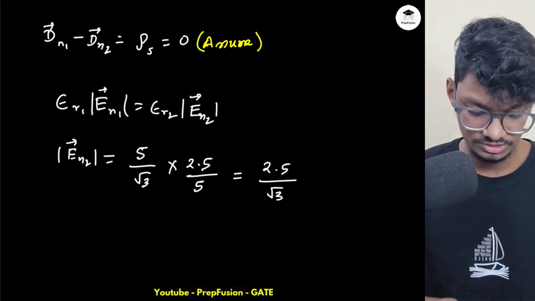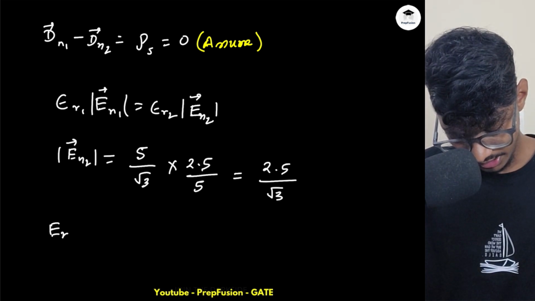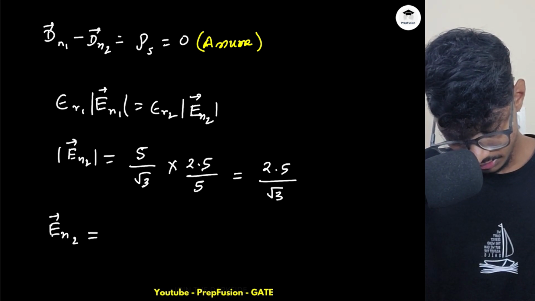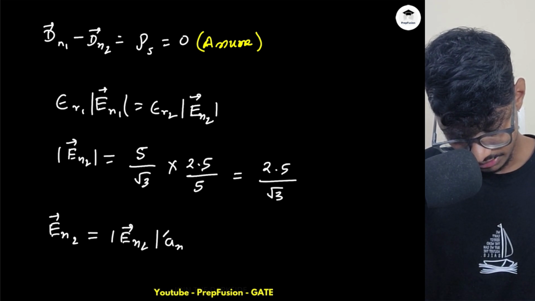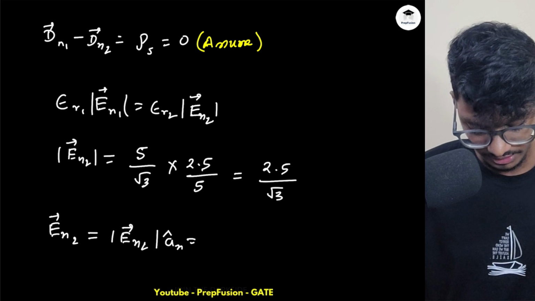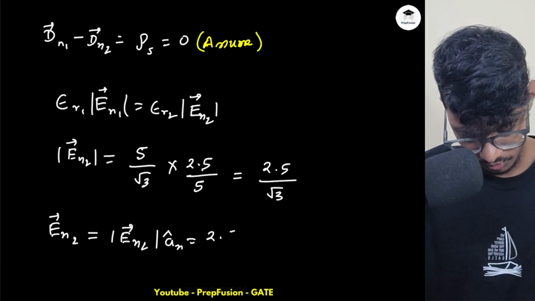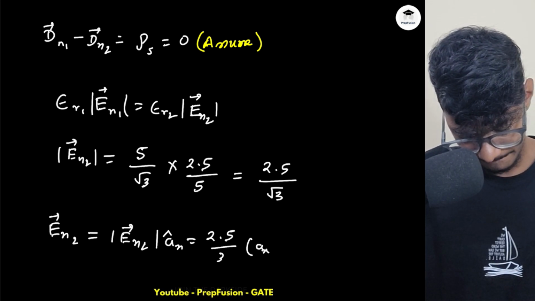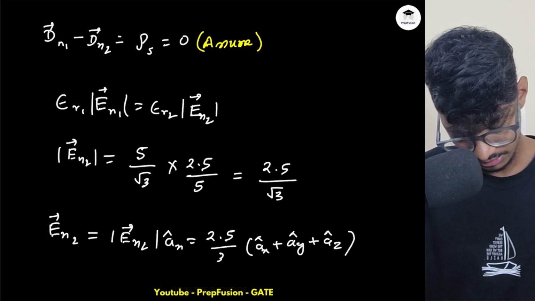Okay, so this will be the magnitude in this direction, and obviously En2 will be the magnitude of En2 and the normal vector, correct? The normal vector is also (ax + ay + az) divided by root 3, so it will come out to be 2.5 divided by 3 (ax plus ay plus az), correct?